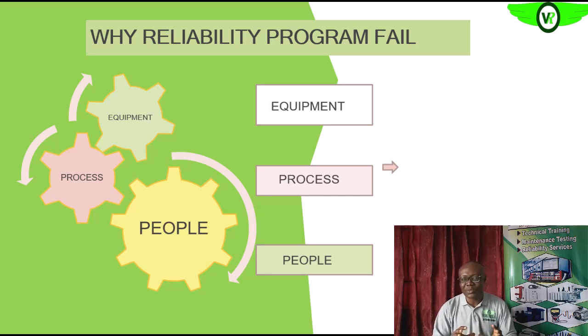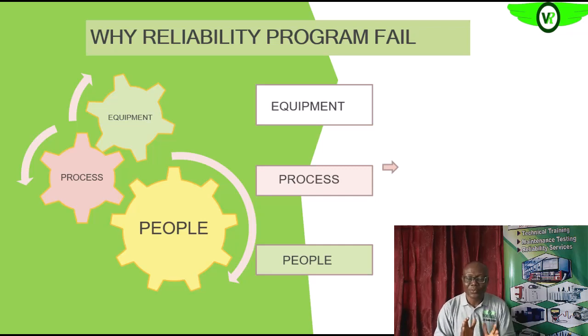Then if they are able to come out with sound results, of course, once the process is standard, if A goes there to do the test and B goes there to do the test, the likelihood of both of them having the same test results is high.